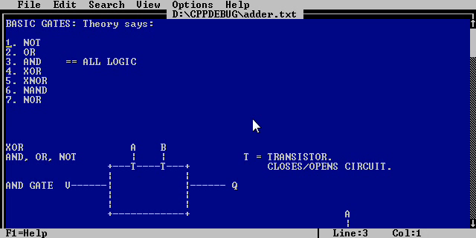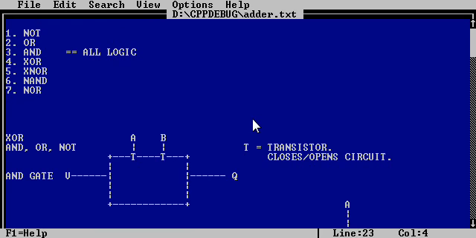But it turns out, first we got not, or, and and that we already have. XOR, I'm going to show you in a minute. I can build from these. And all these other ones are just the not of these ones. So you're done. All you need is the first 3. So let's look at the first 3.